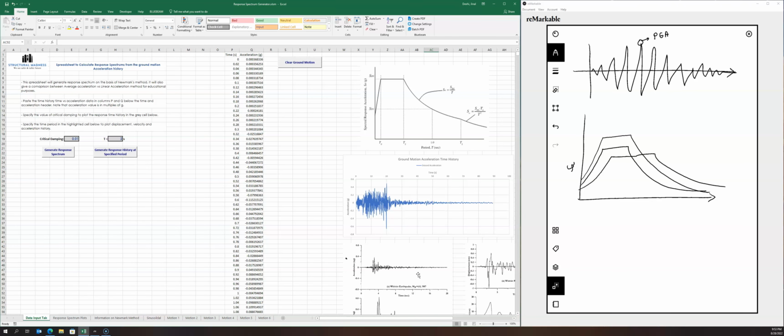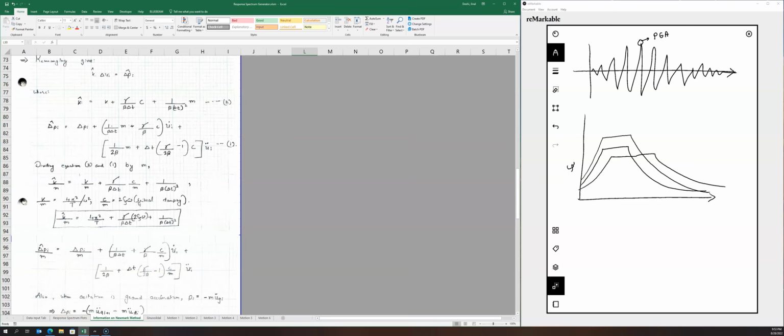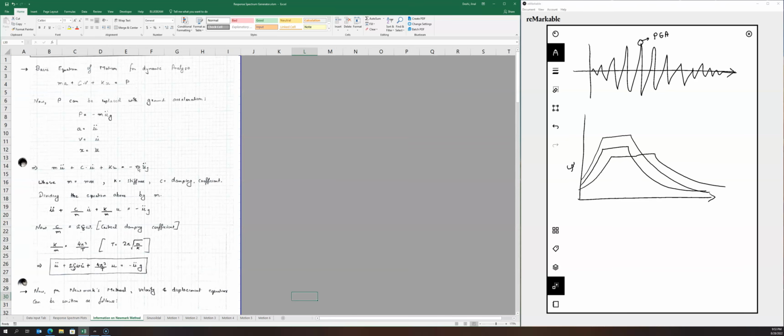I have created a spreadsheet that does exactly this, using a particular method called Newmark method. Within the spreadsheet, I've laid out the overall approach for how the equations are put together and how Newmark method comes into play to give us the peak response for a particular building.